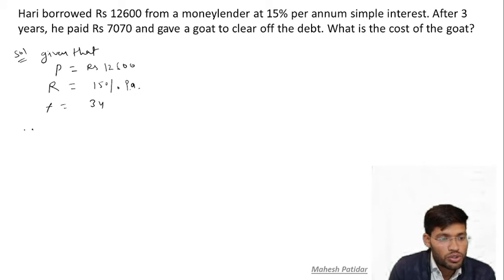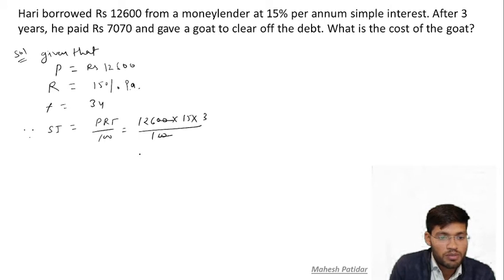So now SI is equal to PRT upon 100. Now P is 12,600 into rate 15% per annum and time is equal to 3 years upon 100. 20 cancelled by 20 and 126 multiplied by 15 multiplied by 3.